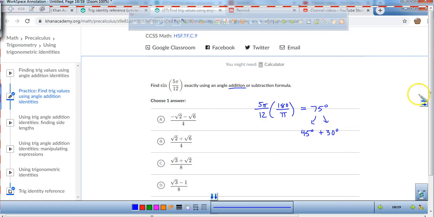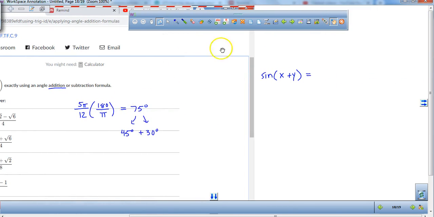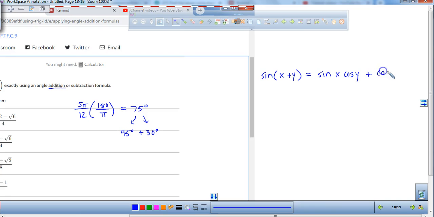So I'm going to write sine of x and the cosine of y plus the cosine of x times the sine of y. Now this time I'm actually going to use 45 degrees and 30 degrees. So I'm going to break it down into 45 degrees plus 30 degrees.